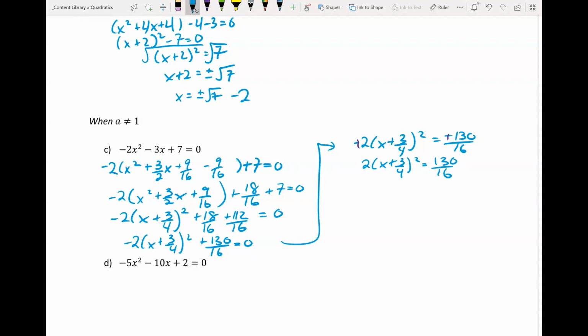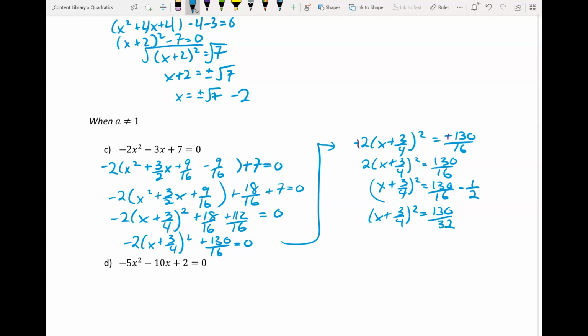When I continue isolating my x, I'm going to divide both sides by 2. Or in other words, multiply both sides by 1/2. Okay, so we have 130 over 32.